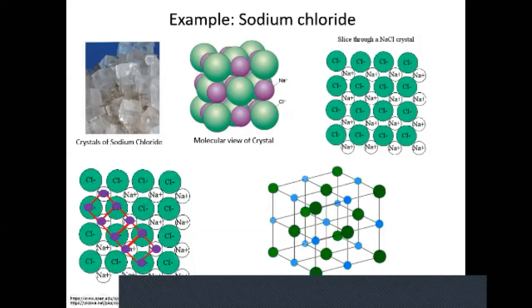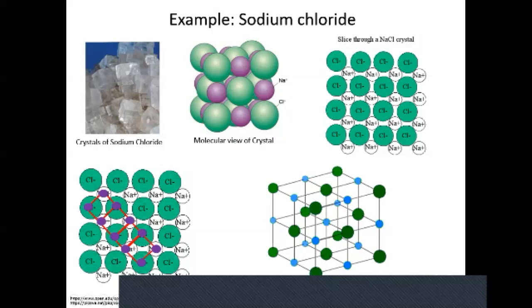So now if we were to take this 2-dimensional view and transfer it to a 3-dimensional view, this is what the space lattice of sodium chloride looks like. I think it's sodium chloride. No, it's not sodium chloride. It's just an example of a space lattice. So each one of these are lattice points that get repeated.